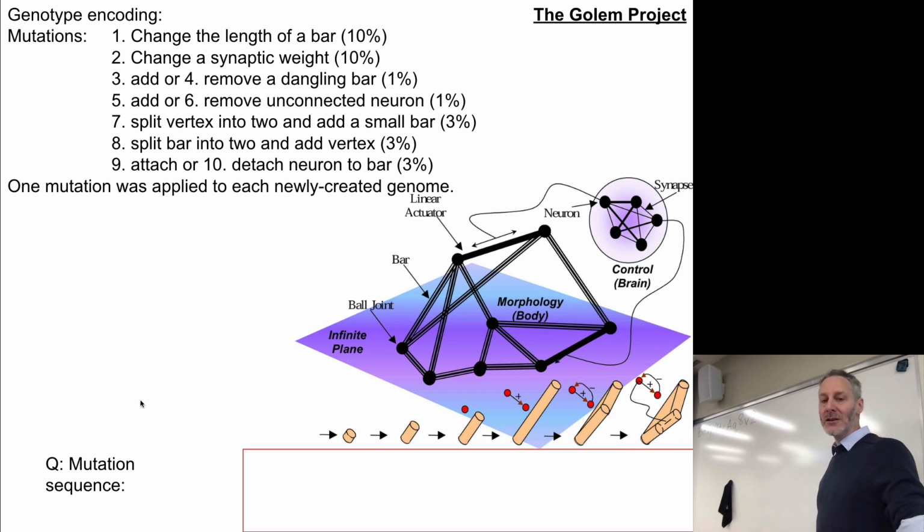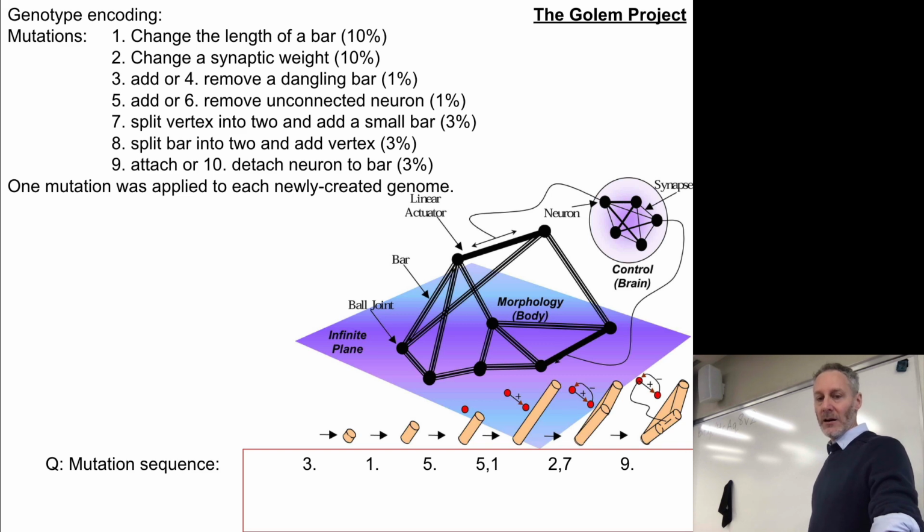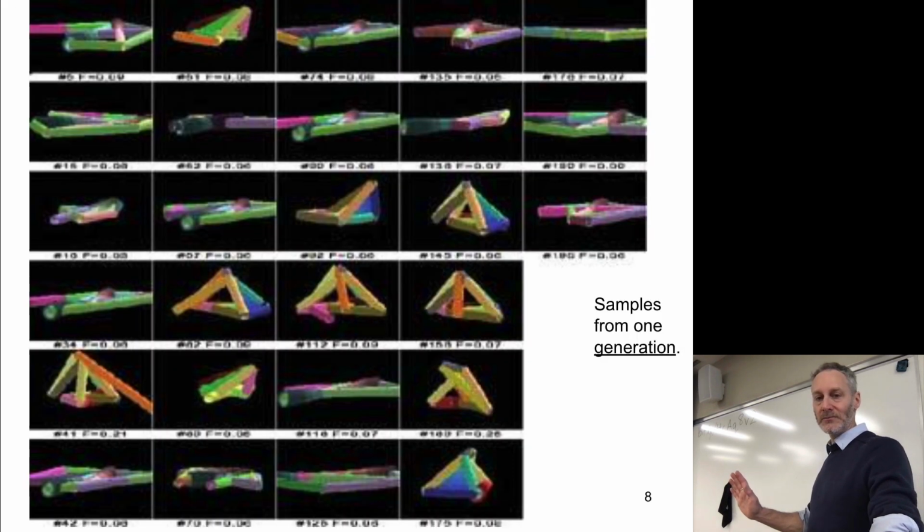Okay, so you could imagine somewhere else in this initial population of null phenotypes and genotypes, another set of random choices of mutation operators will create robots with different bodies and different brains. Questions? Okay, I think we worked our way through this.